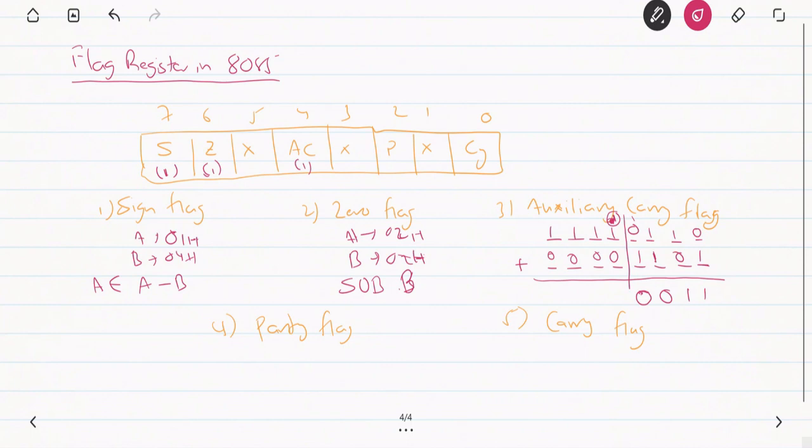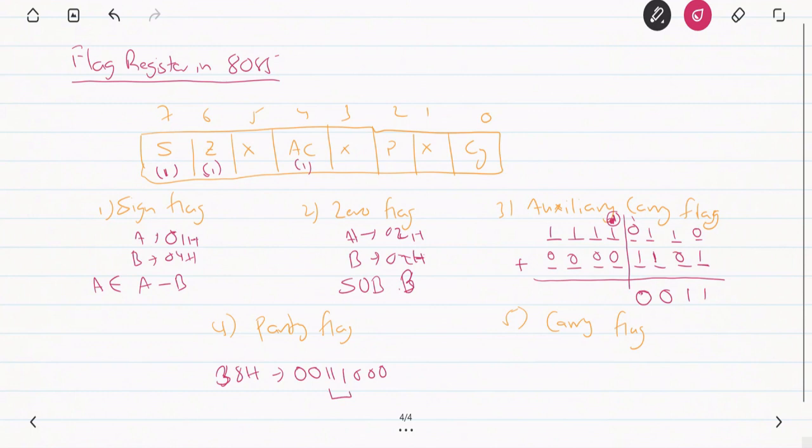Now we move on to the parity flag. Whenever we talk about the parity flag, let's take an example value of 38H. If we convert this into binary, 3 is going to be 0011 and 8 is going to be 1000. For the parity flag, we count the occurrences of 1. How many ones are present?